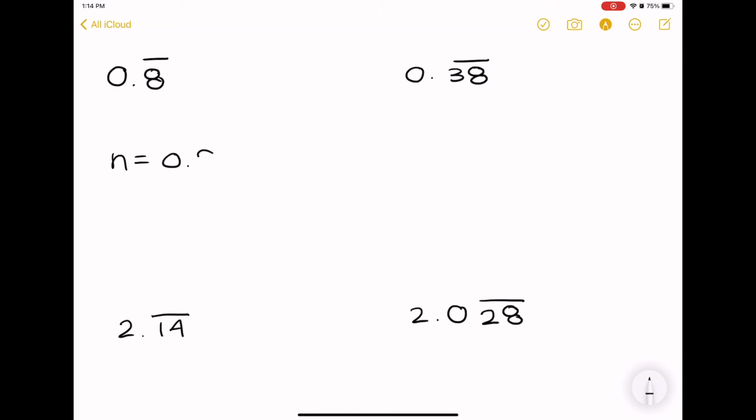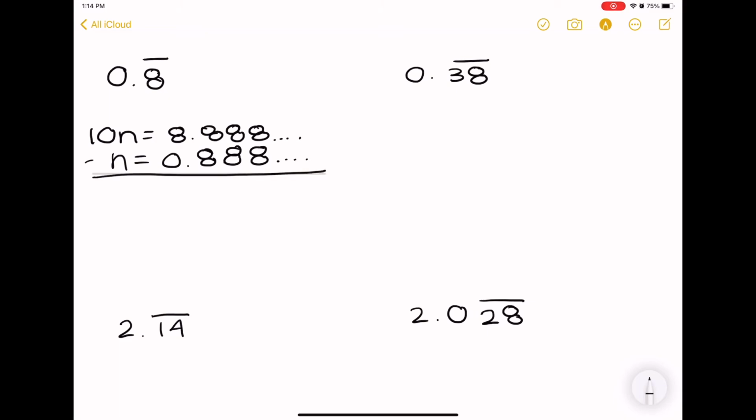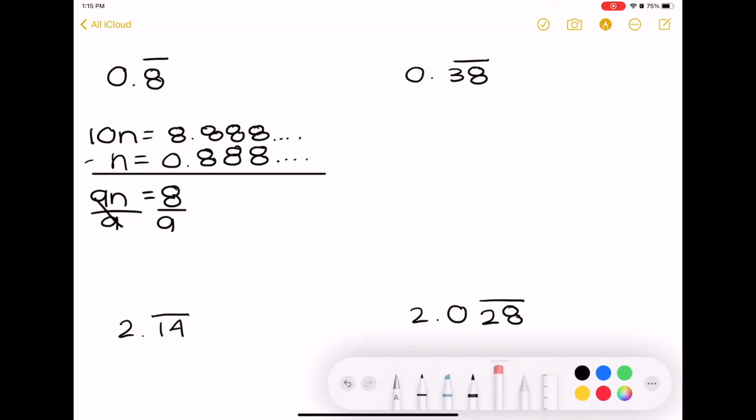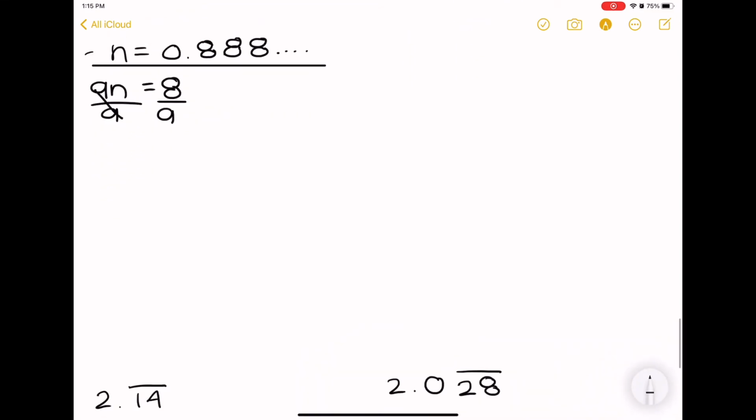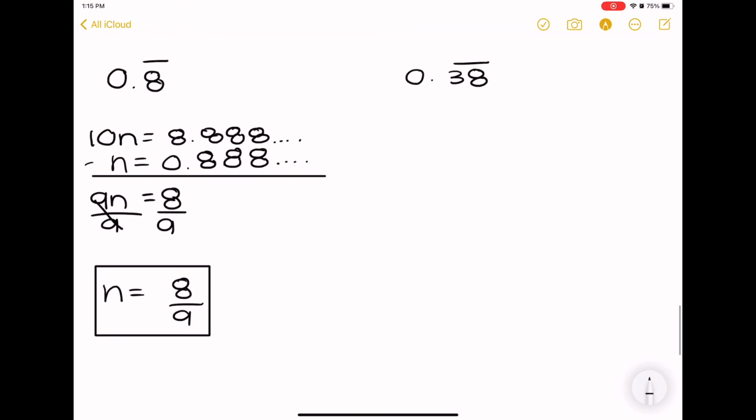Did you do it? Let's check if you got the correct answers. So you're going to put n is equal to 0.888 with the rest, and then 10n is equal to 8.888. The decimal part cancels out, so then you'll get 9n is equal to 8, and when you simplify, that's n is equal to 8 over 9.